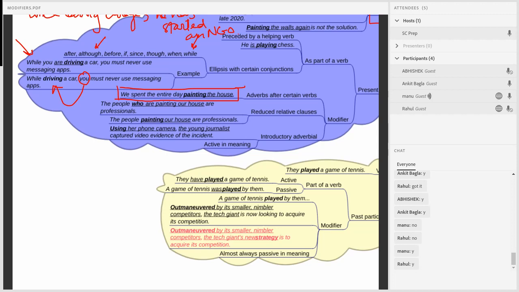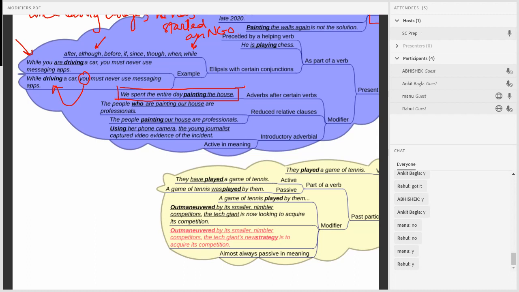Manu, go ahead. I heard Manu first. It means that we spent the whole day painting the house. Right. That is, you spent the whole day performing the activity of painting the house.